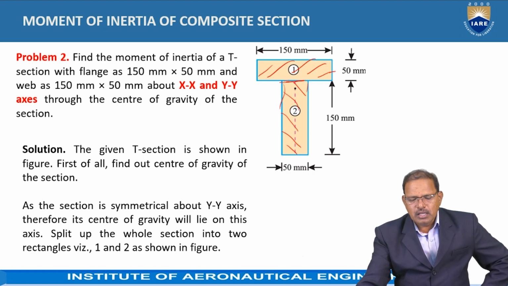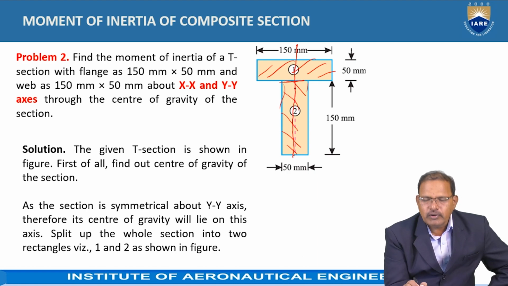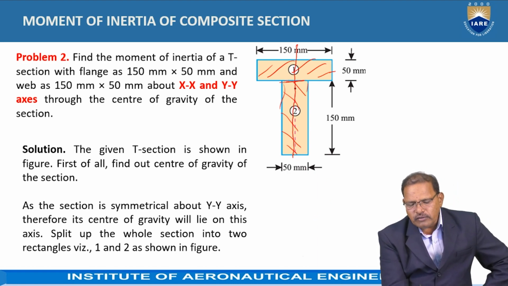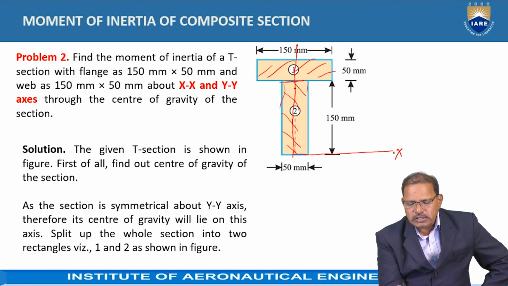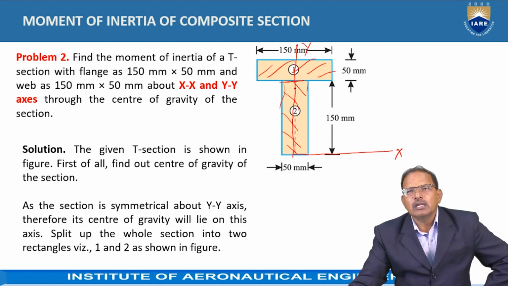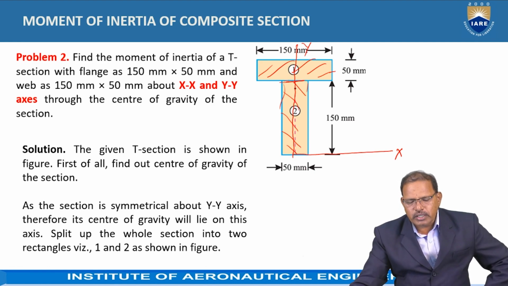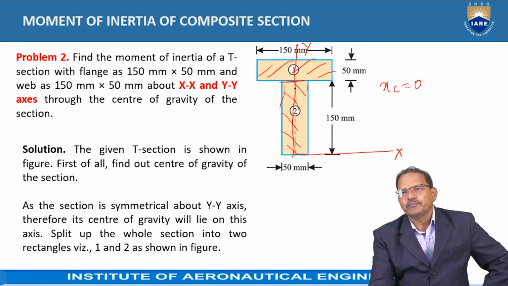Hence, represent this vertical axis as one of the reference lines. The line passing through the bottom of the figure is treated as the x-axis and the vertical line is treated as the y-axis. Since we are taking the symmetrical line as the y-axis, it is not required to calculate the x-coordinate of the centroid, because it always lies on the vertical line. Hence, xc is equal to 0.